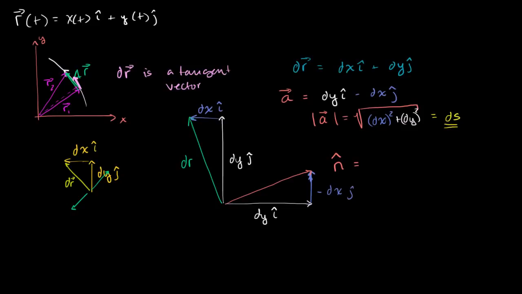We can write it as dy times i minus dx times j, and then all of that divided by ds, divided by the magnitude of this. And obviously I could distribute it on each of these terms. But this right here, we've been able to construct a unit normal vector at any point on this curve.